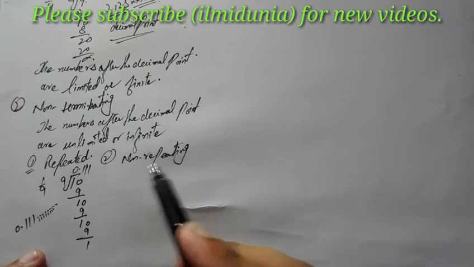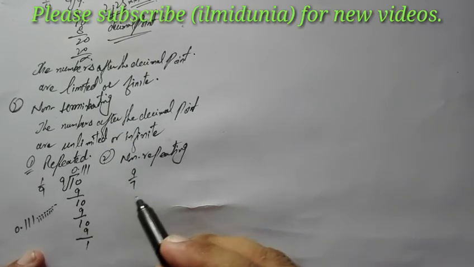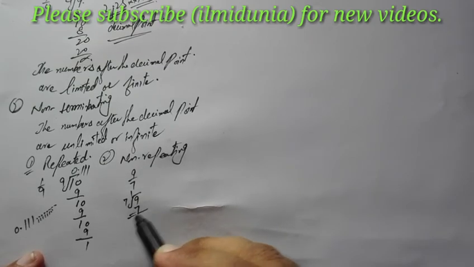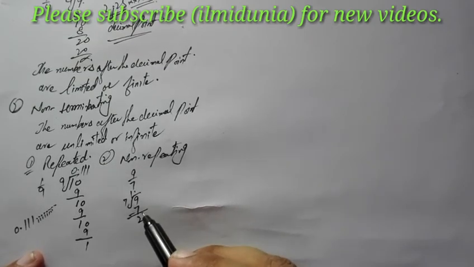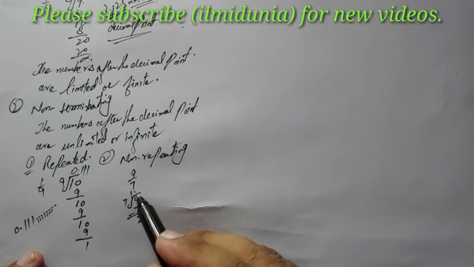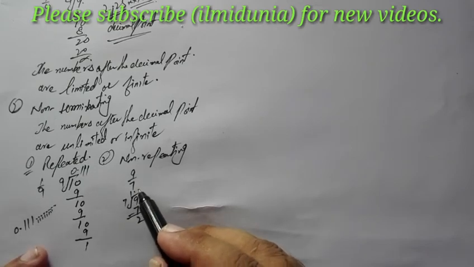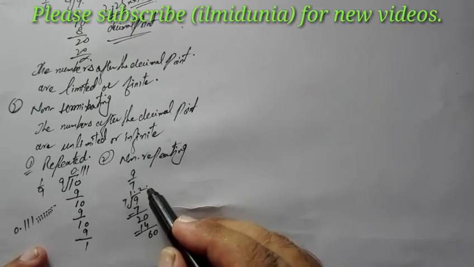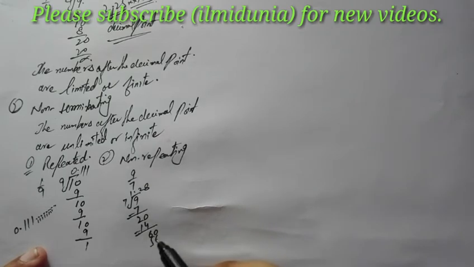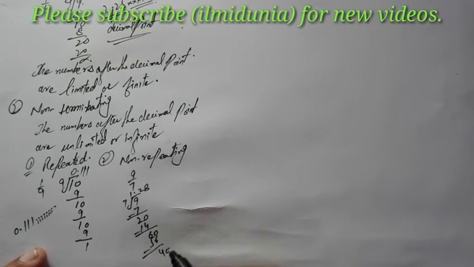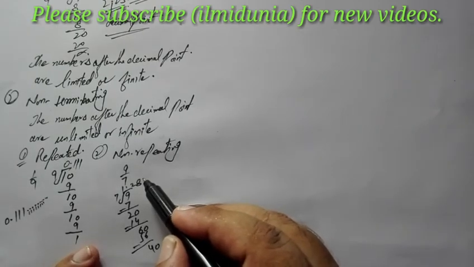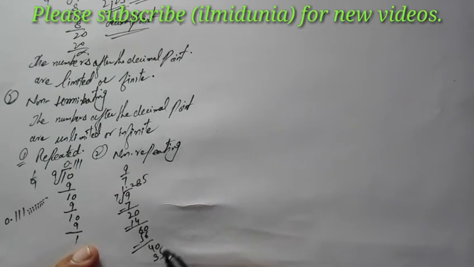For this we see the example 9 by 7, 9 divided by 7, 7 ones are 7, 2.0, 7 twos are 14, 6 0, 7 eights are 56, 4 0, 7 fives are 35.